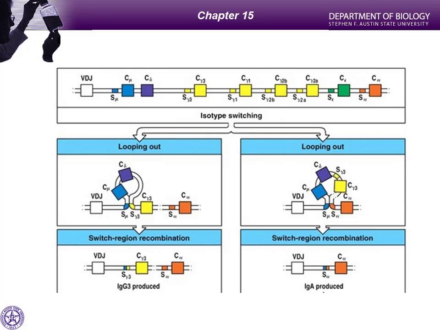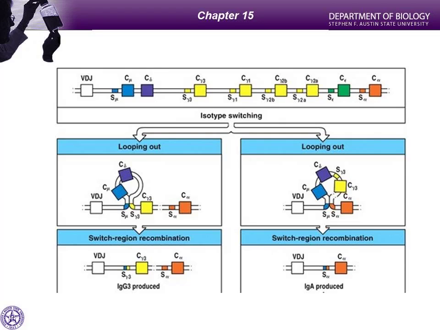So as we have B cells that are producing plasma cells that make IgM type antibodies, that plasma cell can then later produce any of the other genes because they're downstream. They're 3' on the chromosome. They're still present. But look in this illustration.